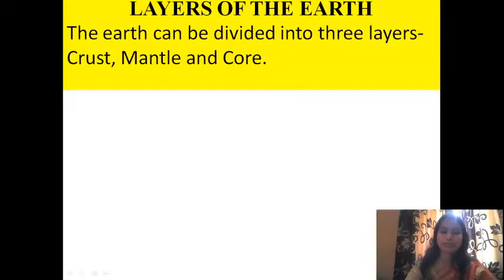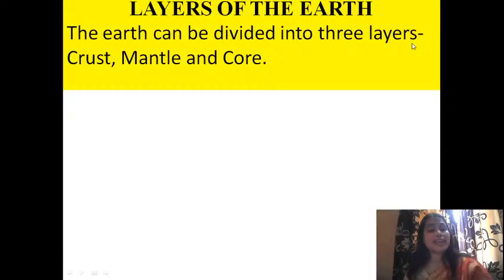Now you can see the layers of the earth. The earth can be divided into three layers: crust, mantle, and core. What are the three layers? Crust, mantle, and core.